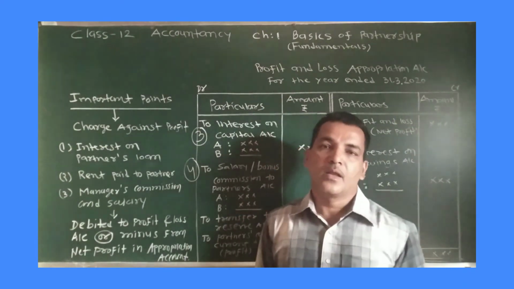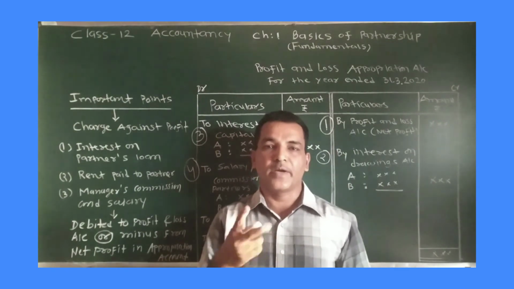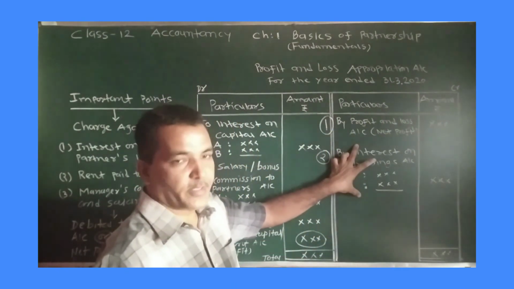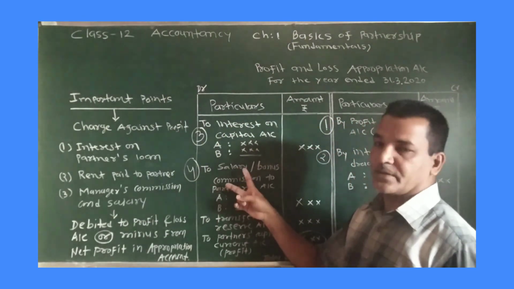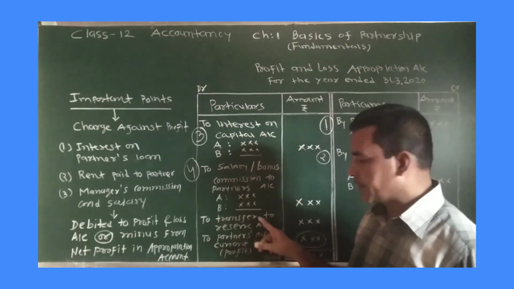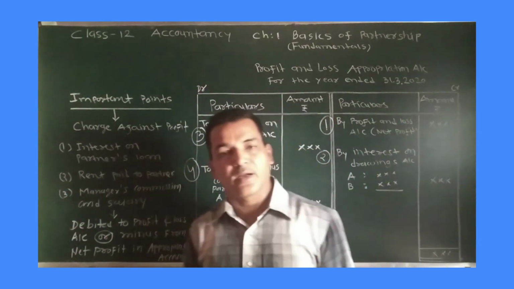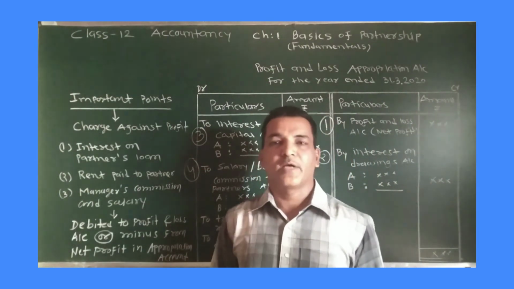So when journal entries are asked, you can pass two entries for each case. Two entries would be for interest on drawing, two for the interest on capital, two for the salary, bonus, commission, one entry for the transfer to reserve, and one entry for the partners' capital and current account, that is divisible profit. So these are the important points I have taken.